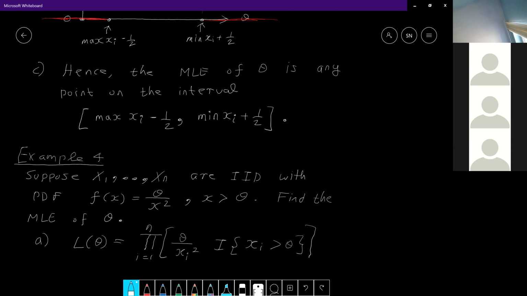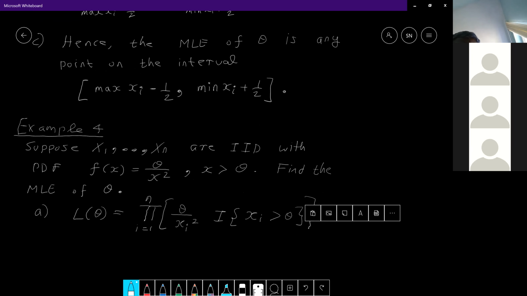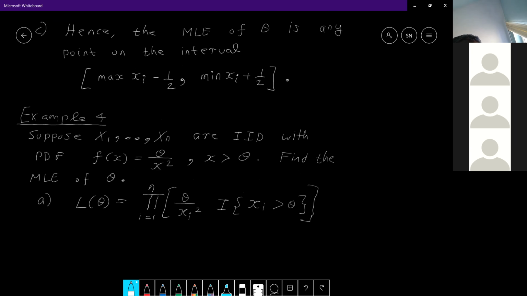Now, to simplify this, you get theta to the power n divided by the product of xi squared, right? And then you have the product of the indicator functions.